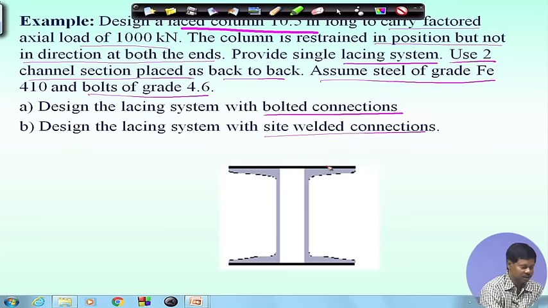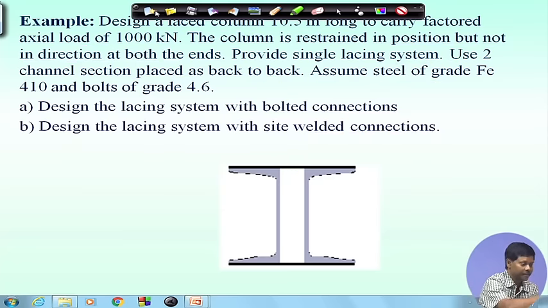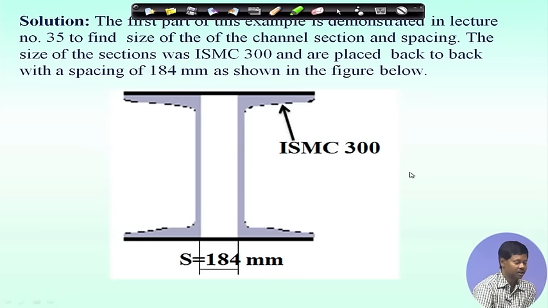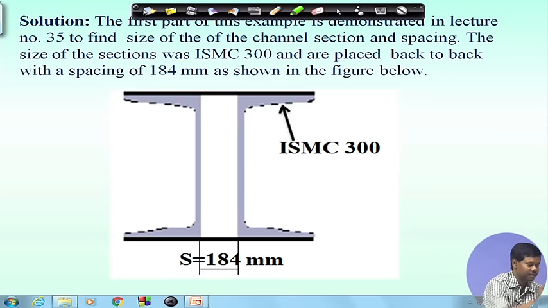This example was done earlier in lecture 35, where we saw how to calculate the spacing between two members and decide the section size, and we saw that the ISMC 300 section is sufficient to take the given load, and a 184 millimeter spacing is sufficient.